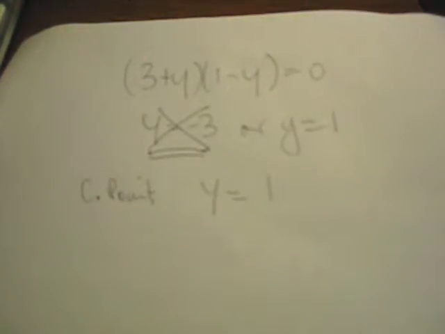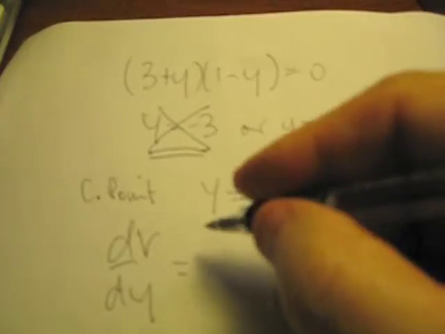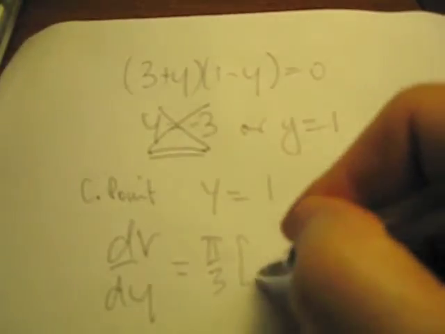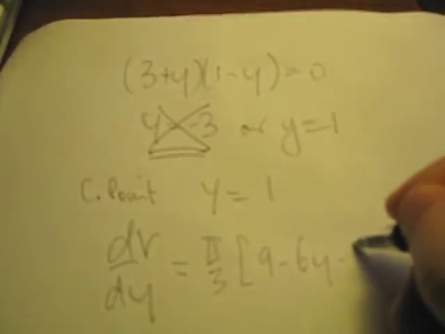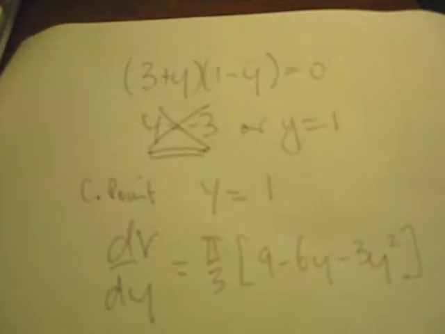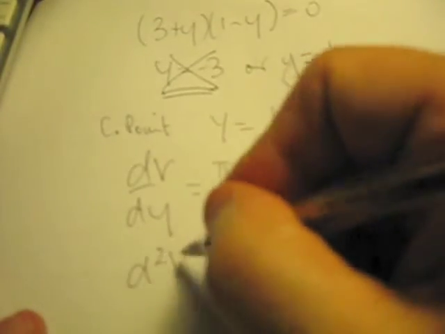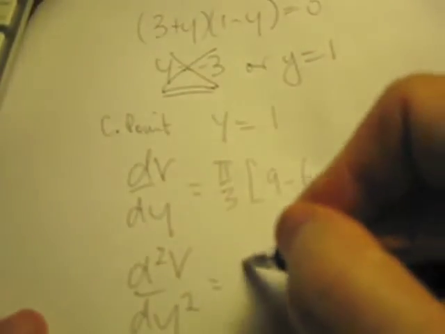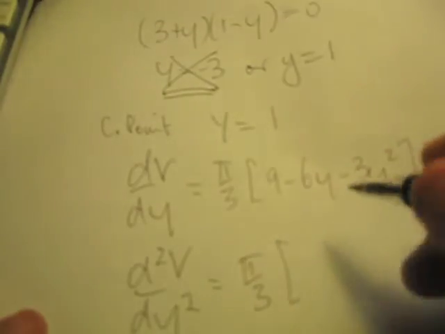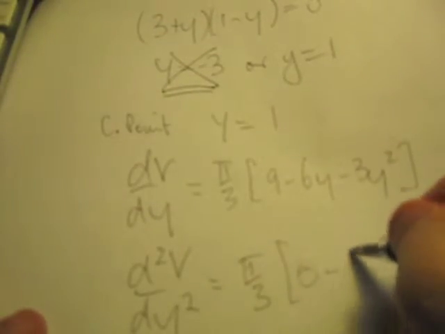Now we'd like to know, is this going to be a maximum? Well, of course, to do that we could always look at the second derivative. So you'll notice that the first derivative is equal to pi on 3 times 9 minus 6y minus 3y squared was what we got. And if I find the second derivative, pi on 3 stays, and this will be 0 minus 6 minus 6y.